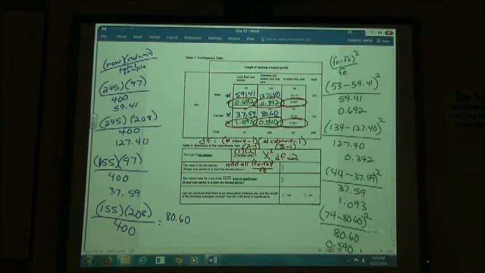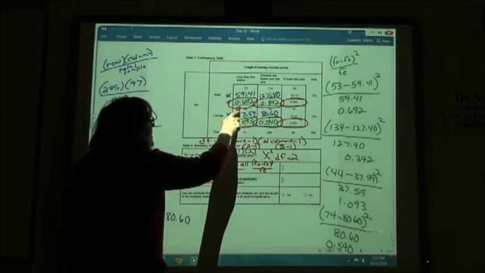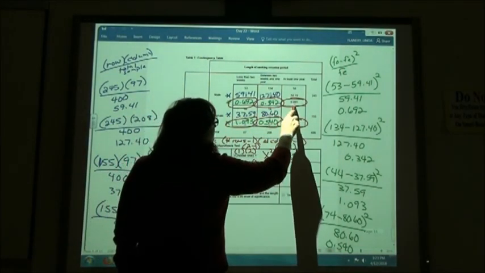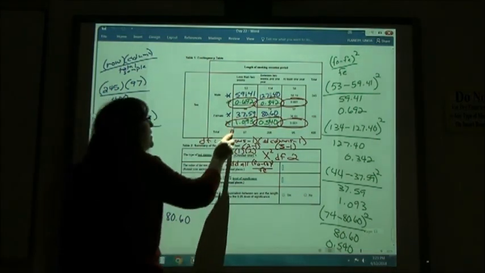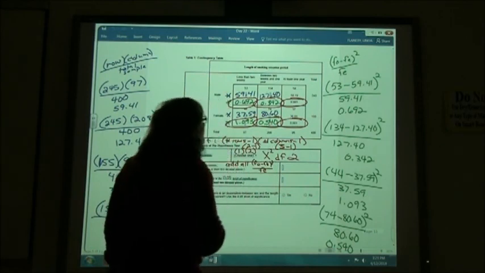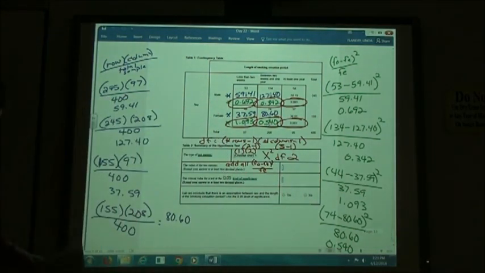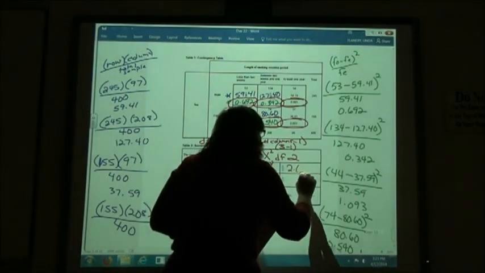They just saved you some work. So on your calculator, 0.692 plus 0.342 plus 0.001 plus 1.093 plus 0.540 plus 0.001. Add all 6 of those up. You should come up with 2.67.